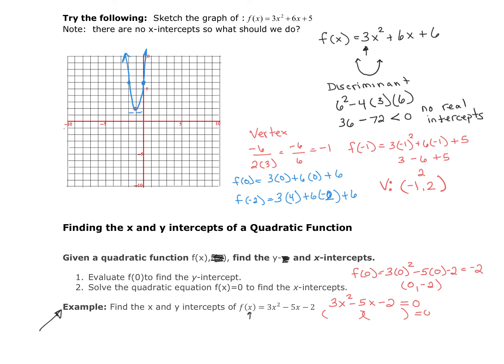As x minus 2 and 3x plus 1. So our x-intercepts are going to be x equals 2 and x equals -1/3. So 2, 0 and -1/3, 0.